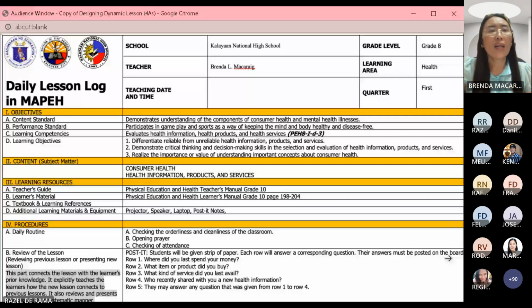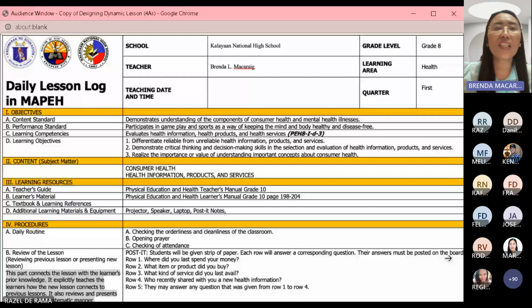Okay? Under objectives, we have the content standard, the performance standard, the learning competencies, and the learning objectives. So let me read this one. So demonstrate understanding of the components of consumer health and mental health illnesses. Actually, ito, alam ko, sa grade 10 po kasi ito, no? Pero ngayon nasa grade 8, no? Yung consumer health.